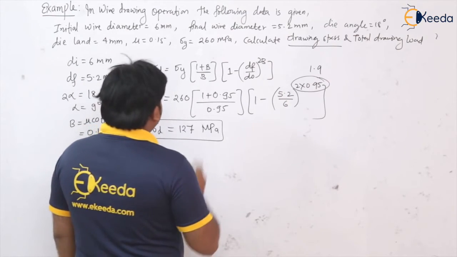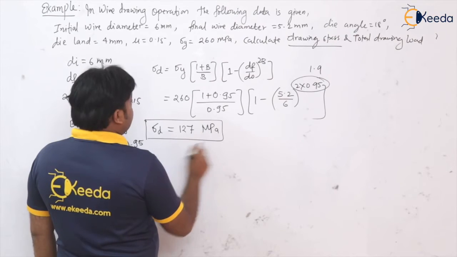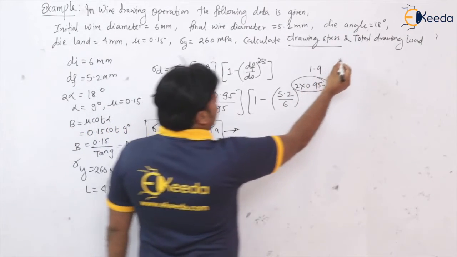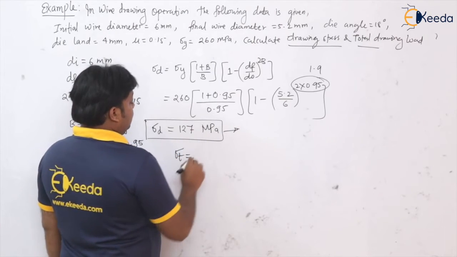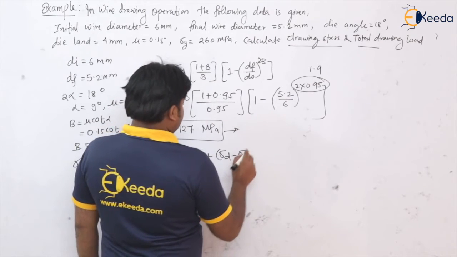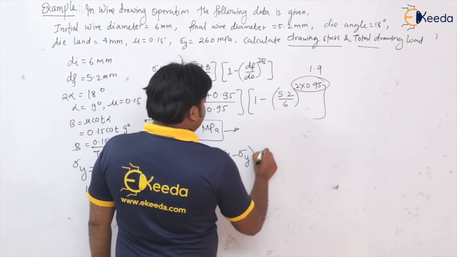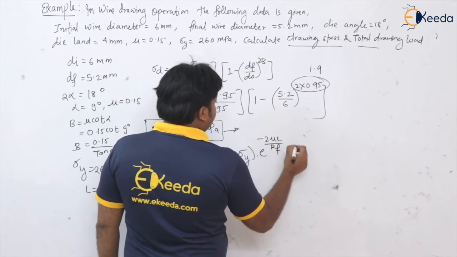Now, when finding the total drawing load, we first require sigma T, which is equal to sigma Y plus (sigma D minus sigma Y) into e to the power minus 2 mu L divided by R final.